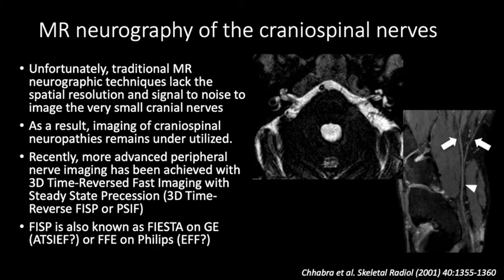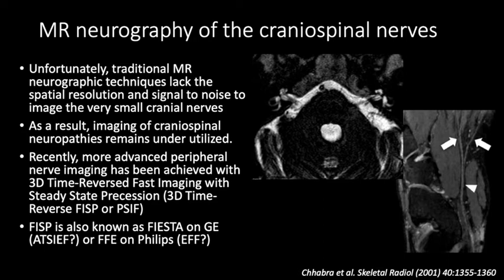While those principles serve us very well when we're imaging large nerves such as the brachial plexus, unfortunately they just don't have the spatial resolution to be able to see the tiny nerves that we need to see in the skull base. Therefore, a new technique has been developed, which is a 3D time-reversed fast imaging with steady-state free precession. It's called a reverse FISP, which is the brand name for Siemens.